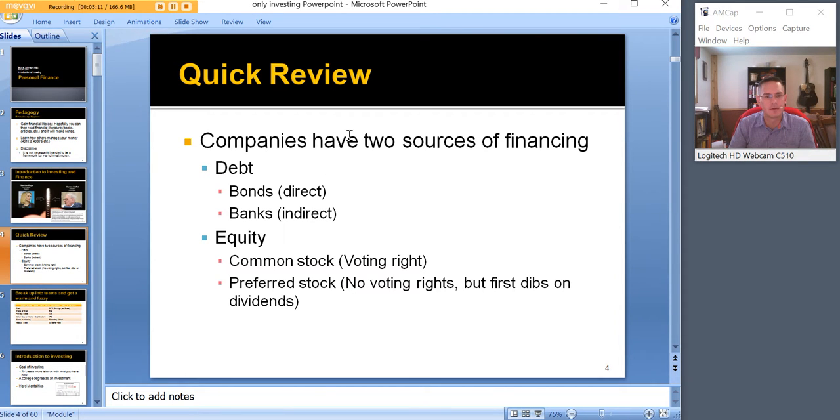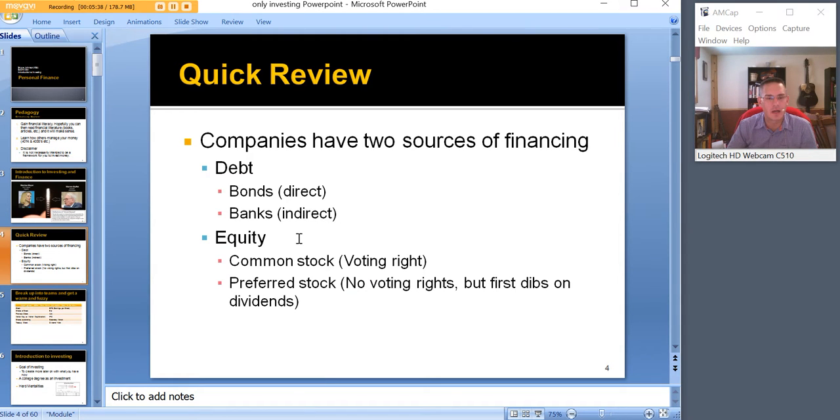A company can get money from bondholders, or a company can get money from banks. If they get it directly from bondholders, that's called direct finance or direct debt. When they get it from a bank, that's called indirect debt, because the bank acts as a financial intermediary between the depositors and the company it's loaning money to. That's why it's called indirect.